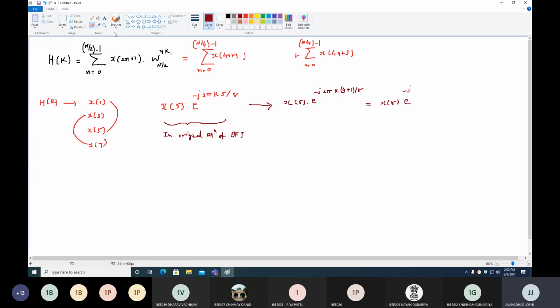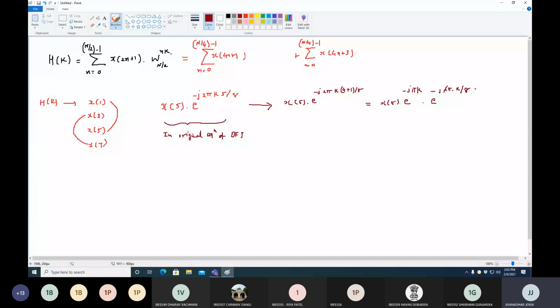e raised to how much? e raised to how much? j pi k. Okay. Into e raised to, there is one more, e raised to minus j pi k by 4. 2 pi into k by 8, into k by 8.